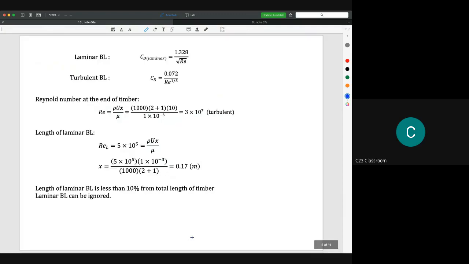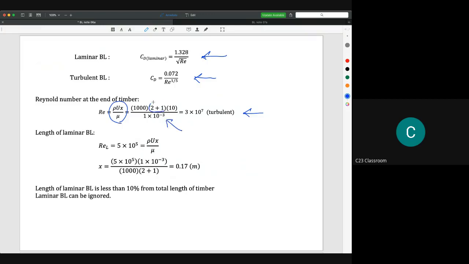Let's say if our calculation is fully laminar, we could use the drag force from the Blasius solution, and if it is fully turbulent, we could use the drag force for fully turbulent based on the 1/7 power law. First we need to calculate the Reynolds number at the end of the timber. We use the equation rho U L over mu, and substitute the values.